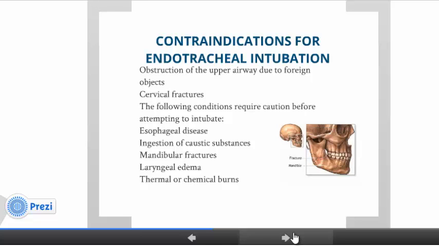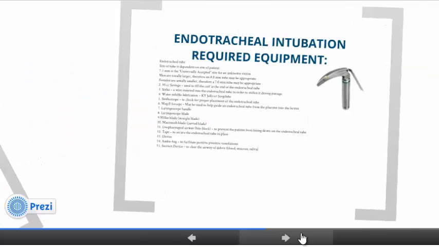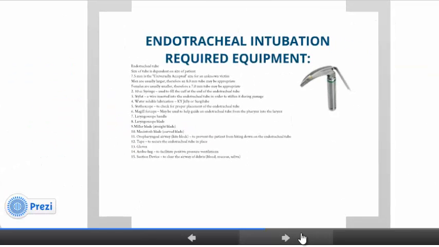With different fractures, or if there's edema and you're not going to be able to pass the tube, we certainly cannot do that. At that point, we're going to have to move on to an even further advanced airway, even more controversial, which is a cricothyrotomy. Again, knowing when to do advanced airways and when not to do it is very important.